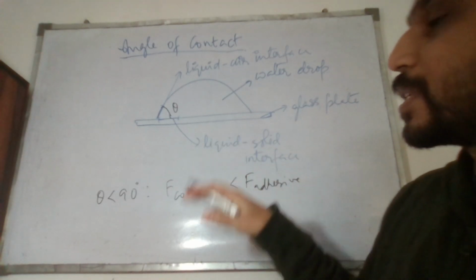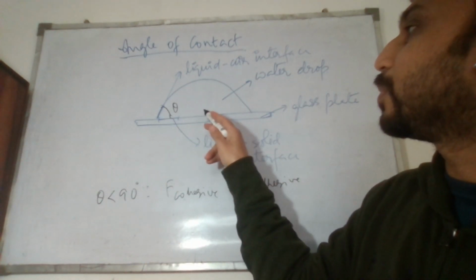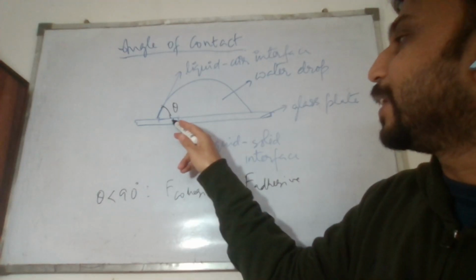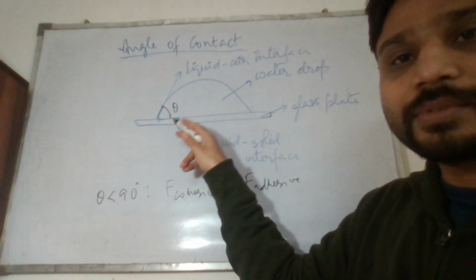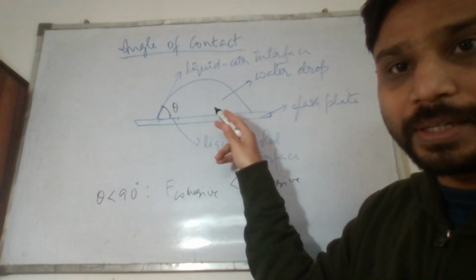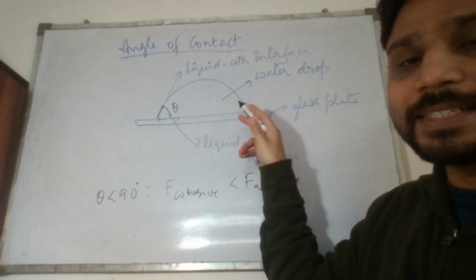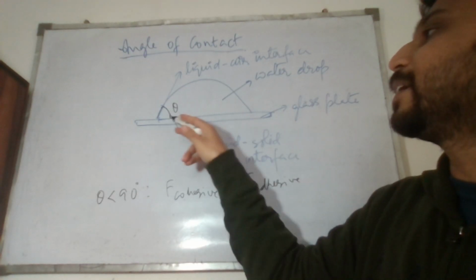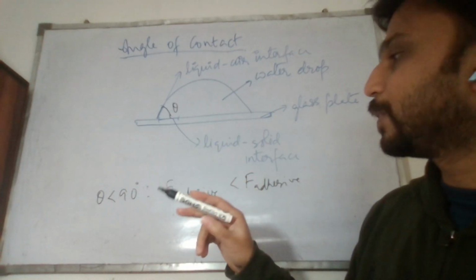That is, the adhesive forces are stronger, which we were saying: the particles at the bottom of the liquid are attracted very well to the particles of the solid. So they are forming stronger bonds with the particles of the solid. Because of stronger bond formation, the energy release is higher. This higher energy release can be used to make this bigger surface.